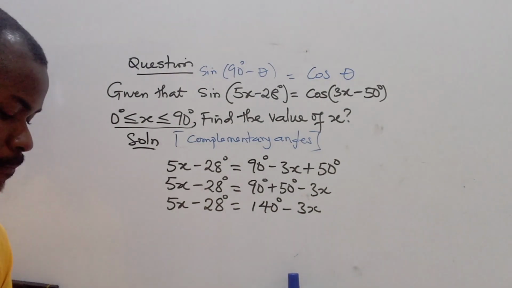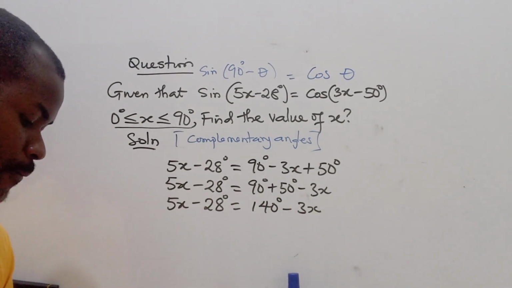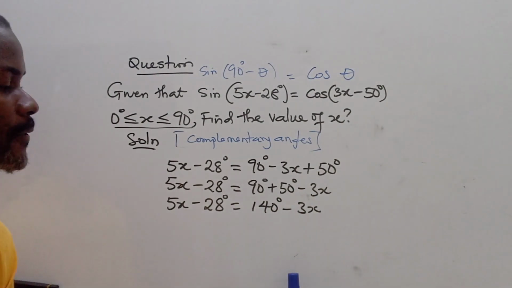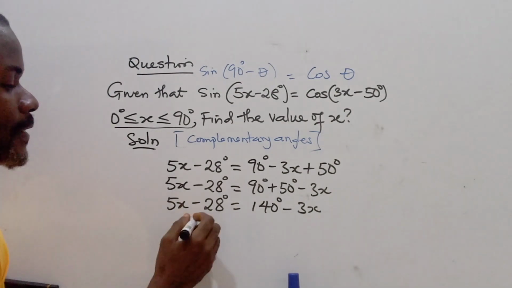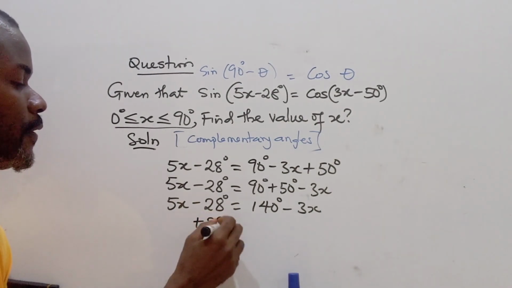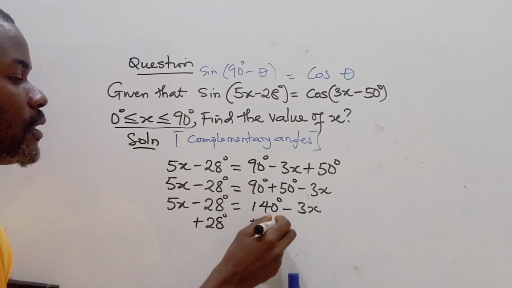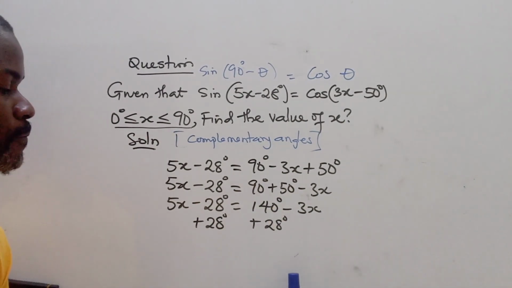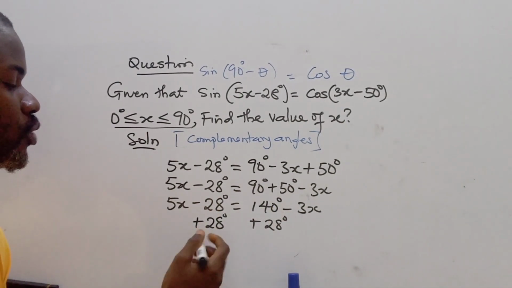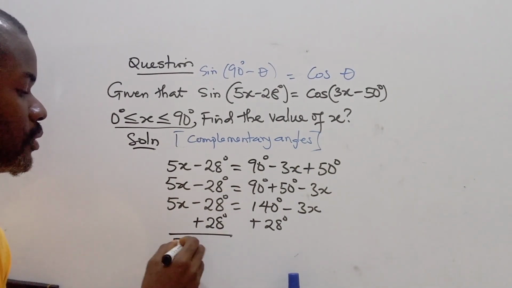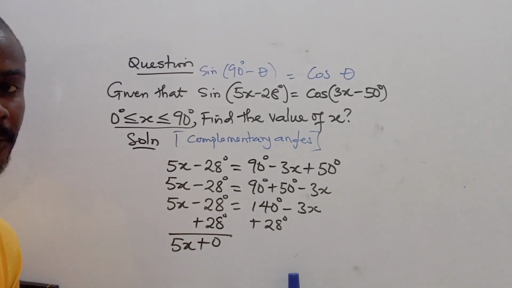From these, we can collect like terms further. I can add 28 degrees here and add 28 degrees here. So minus 28 plus 28 is going to give us 0.